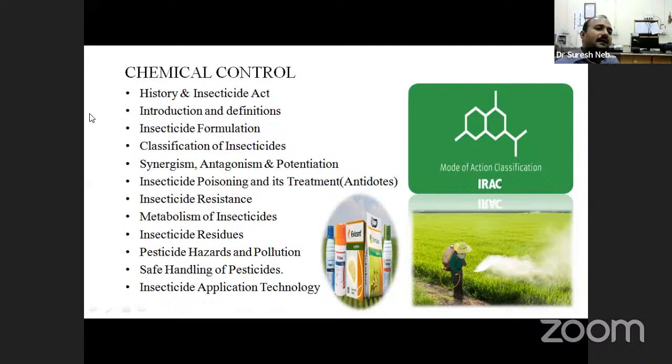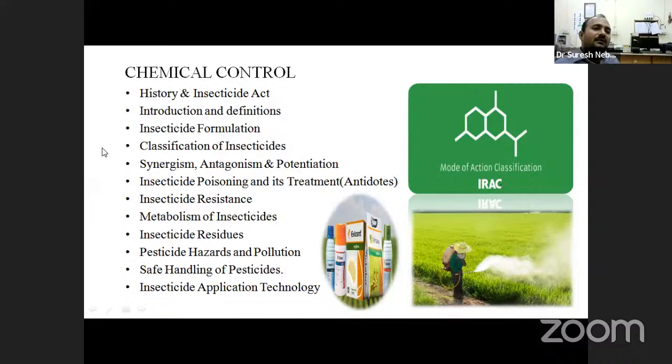So you can see A plus B, where A is toxic and B is non-toxic. If you mix them and treat the insect, you will get a mortality greater than the toxicity of A alone. When you mix a toxicant with a non-toxicant molecule and get more toxicity, it is called synergism.